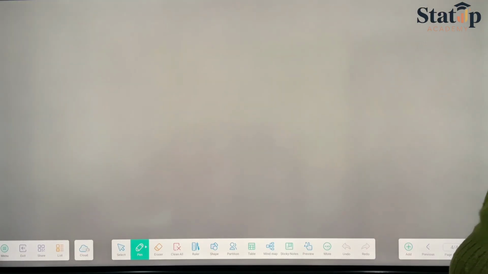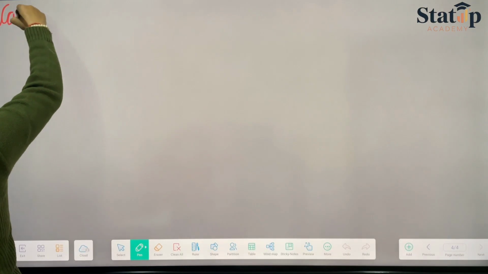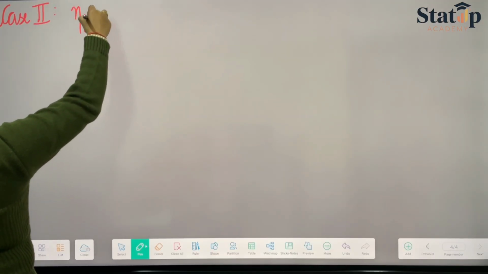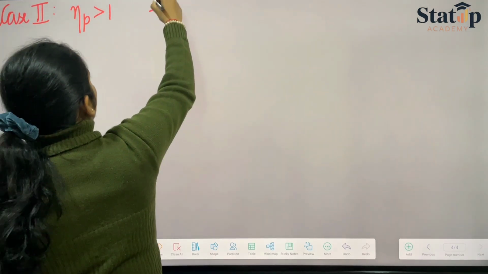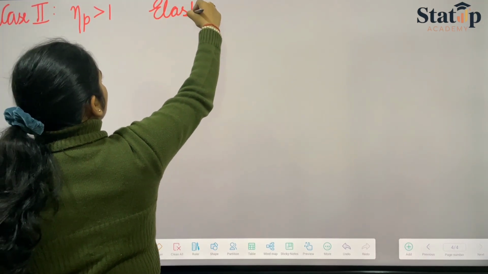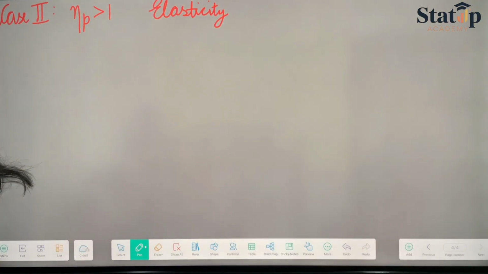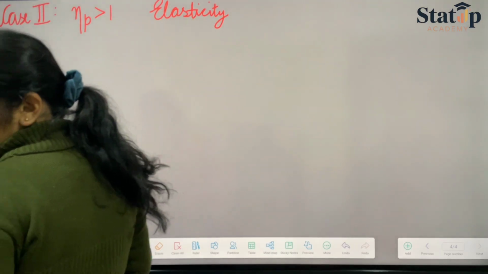Okay. Now the second case arises, case 2, where eta P is greater than 1. When eta P is greater than 1, then there is elasticity in the model. The demand is said to be elastic.